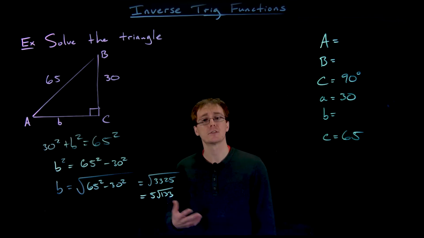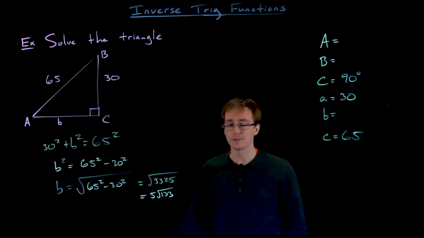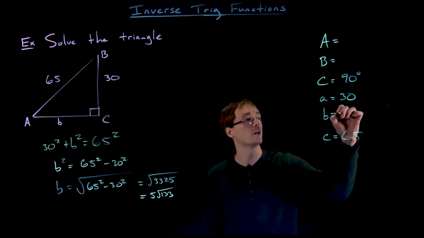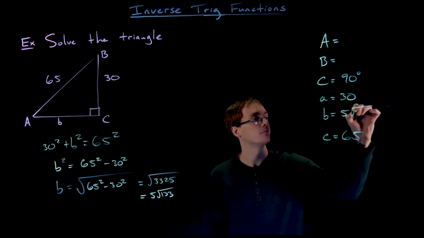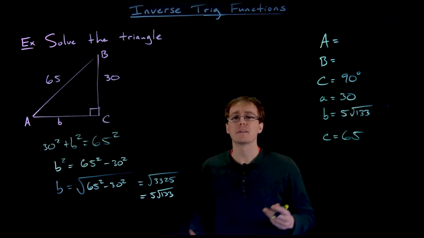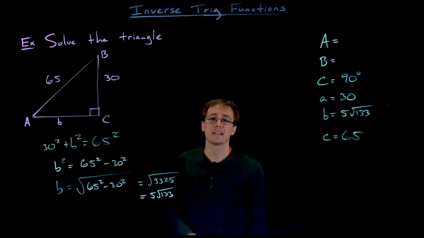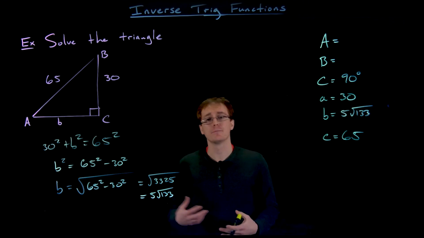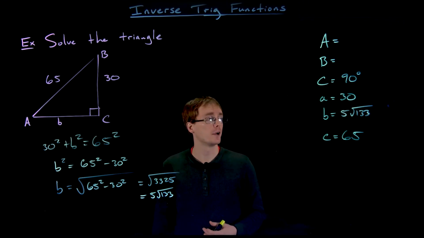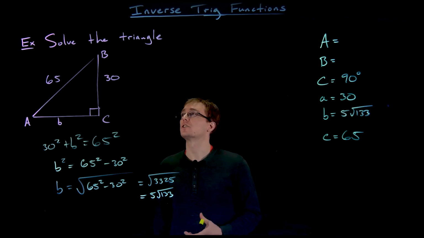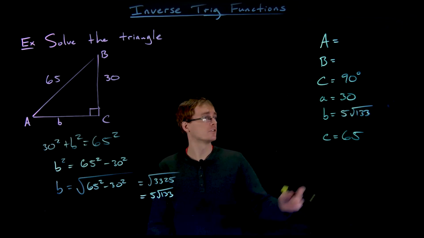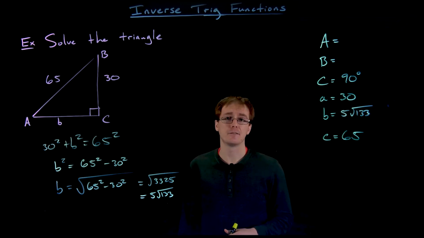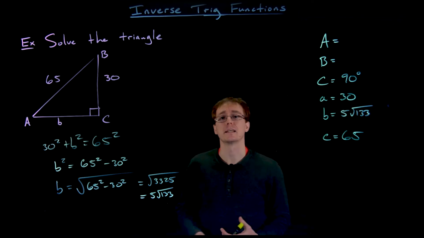And if we take the time to simplify that radical, it whittles down to 5 times the square root of 133. I don't think it matters if we're exact here on this answer. It's always nice to be exact when we can, but we're going to have to eventually round at some point. And so I didn't give any rounding instructions here, or we weren't given any. So let's stay exact as long as we can. Otherwise, in general, let's go to 2 or 3 decimal places.